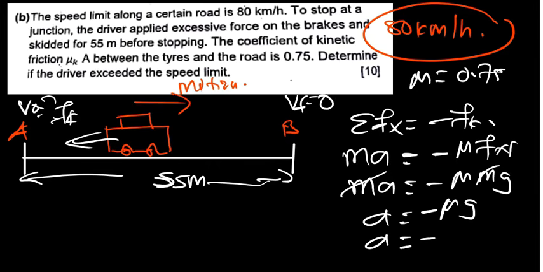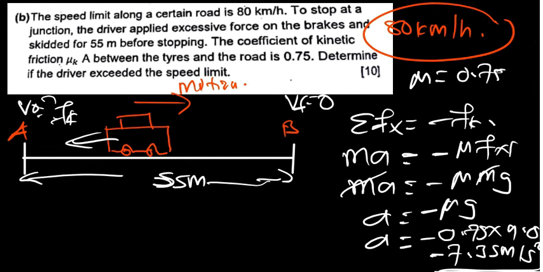Acceleration is equal to negative 0.75 times 9.8. So what is 0.75 times 9.8? I'm getting my answer to be negative 7.35 meters per second squared. This negative is just telling us it was decelerating.